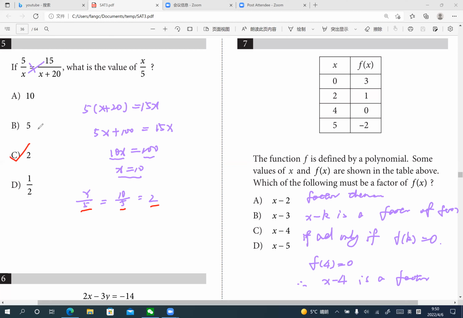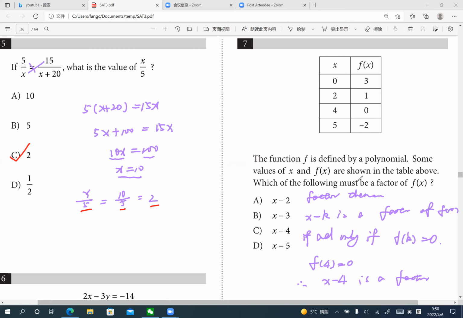Question 7, the function f is defined by a polynomial. Some values of x and f of x are shown in the table above. Which of the following must be a factor of f of x? Question 7 is testing our knowledge of the factor theorem.